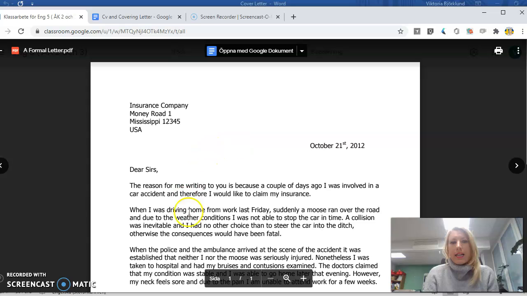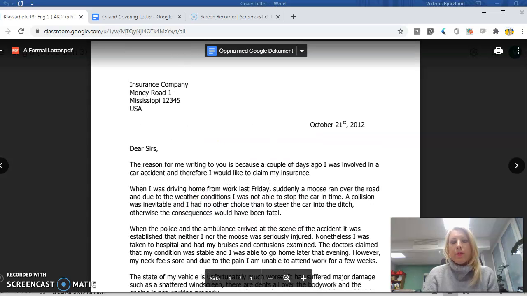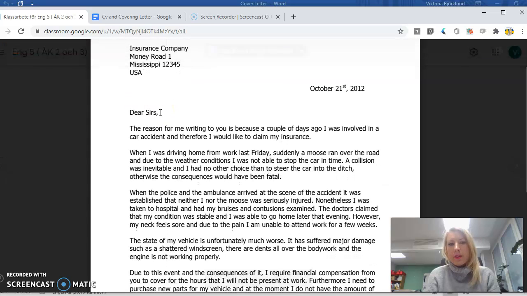Here you can see another example of a formal letter. And what we can see here is the address. In the left corner, there's a date. The letter starts with Dear Sir, so you can also start with Dear Sir or Madam, if you don't know if it's a woman or a man reading your letter.